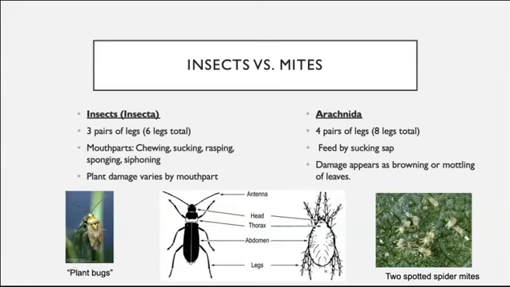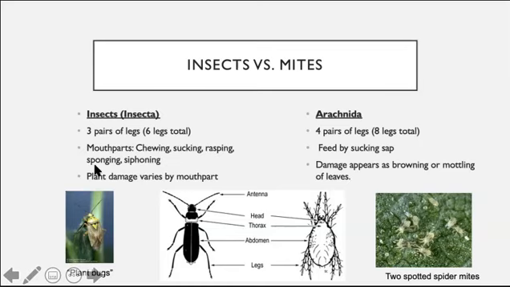Insects, on the other hand, have a range of different types of mouth parts depending on the species. They can have these mandibles that allow them to chew away at plant tissues. They can have sucking mouth parts like the mite, or rasping mouth parts, which is a mouth part that allows them to scrape away at cells and then suck the tissues, the phloem from the tissues.